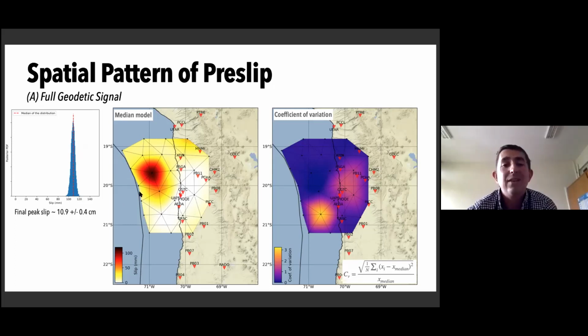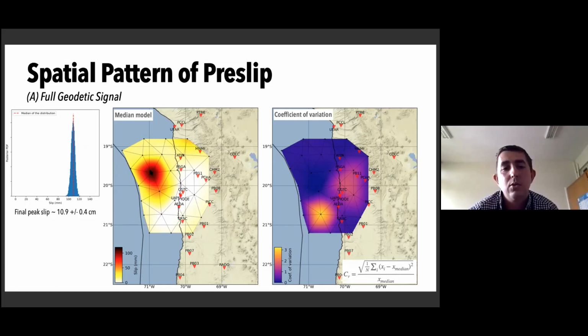In order to get a slightly better vision of the uncertainty on the whole fault plane, what we compute is the coefficient of variation. It's a fancy name for saying that it is basically the standard deviation divided by the model, so it reflects how big the standard deviation is with respect to slip.